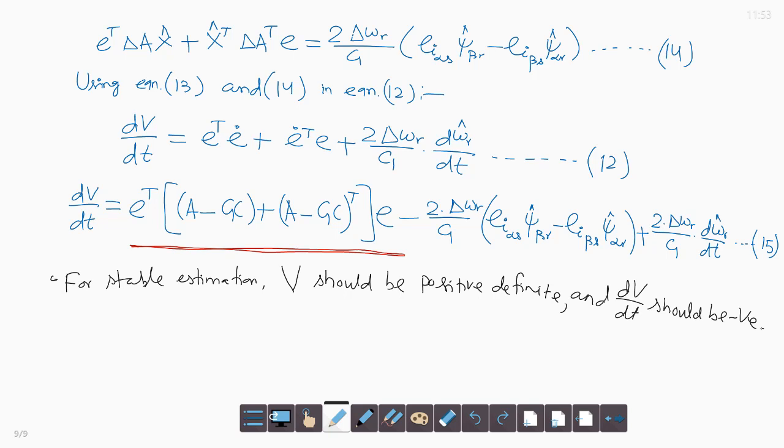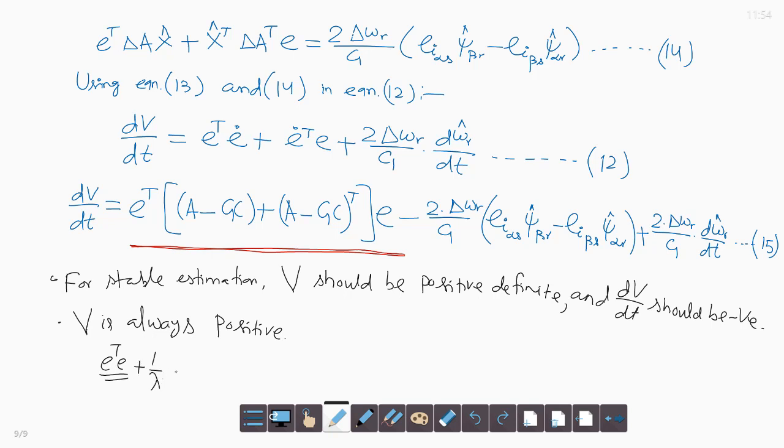So, as you have seen in equation number 11, V is always positive. We have selected the Lyapunov candidate such that V is always positive, because in V we have E transpose into E. This is sum of the error squares. Then another term is 1 by lambda.